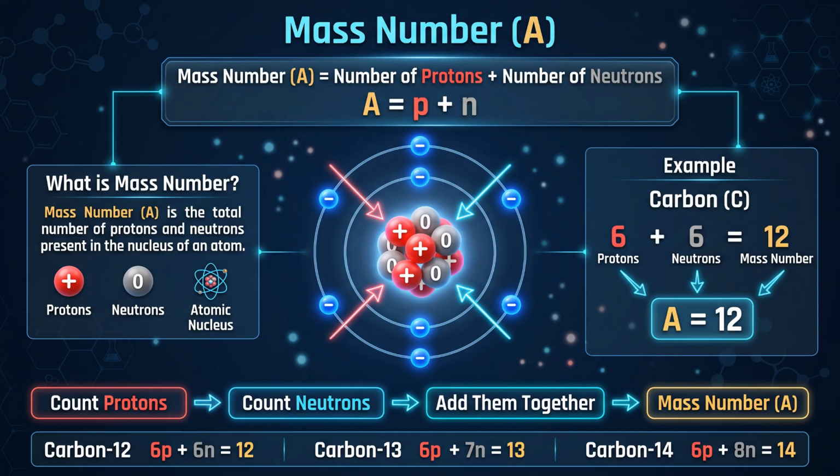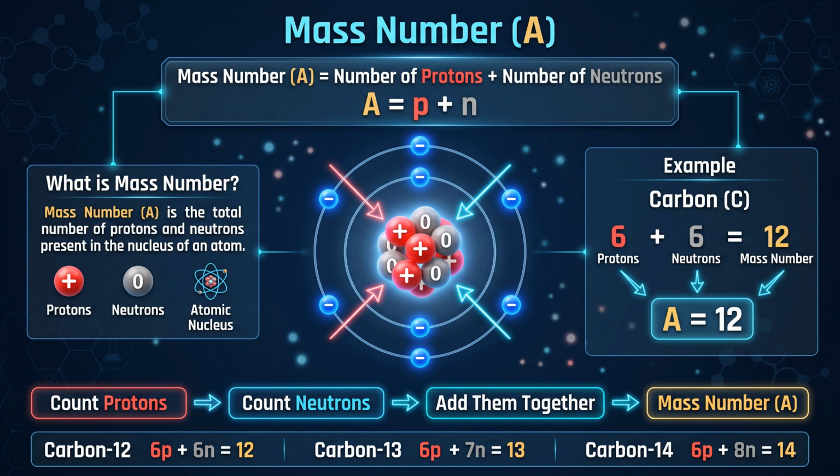Therefore, the mass number is defined as the total number of protons and neutrons present in the nucleus of an atom. In simple words, if you count all the protons and then count all the neutrons and add them together, the result is the mass number. The mass number is represented by the capital letter A. The mathematical formula is very simple.